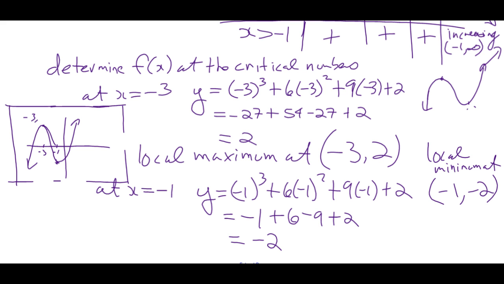So (-3, 2), (-1, -2). Forget that little bit in there. Increasing on the interval from -infinity to -3, decreasing on the interval from -3 to -1, increasing on the interval here. There's your max, there's your min.